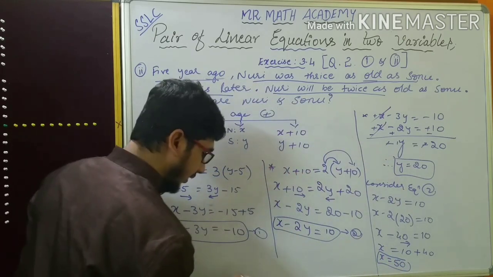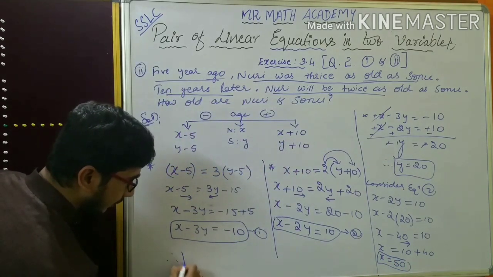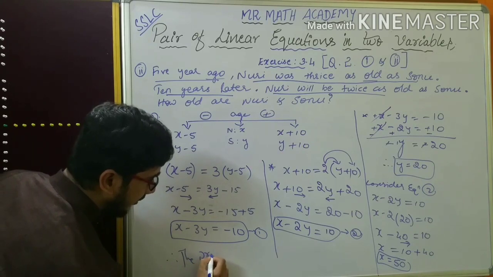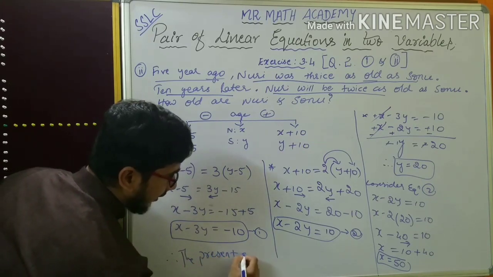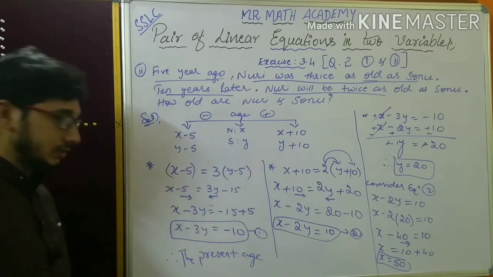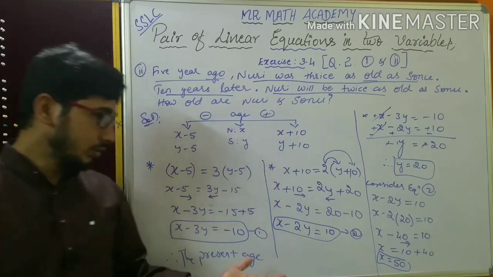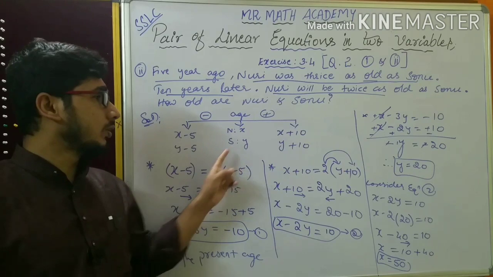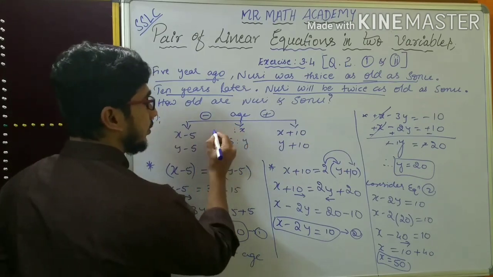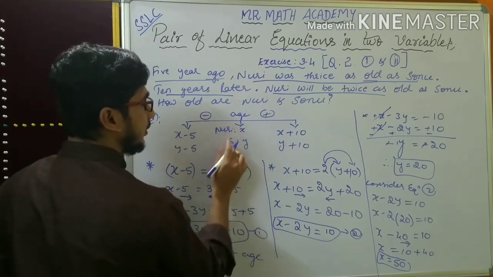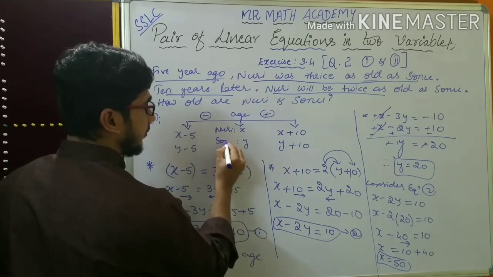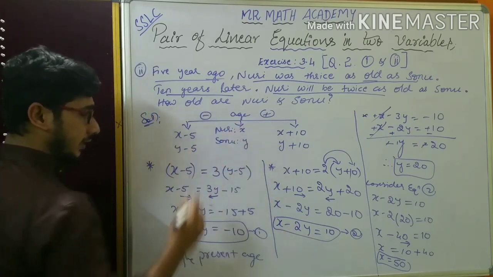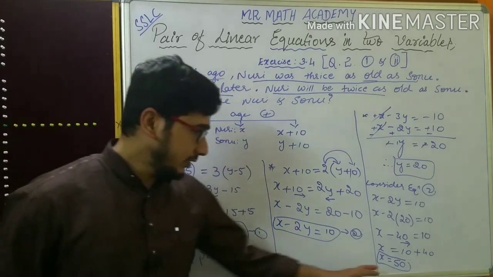Therefore, the present age of Noori and Sonu. I have told you here, N for Noori, S for Sonu. Noori's age is x. Where is x? Here.